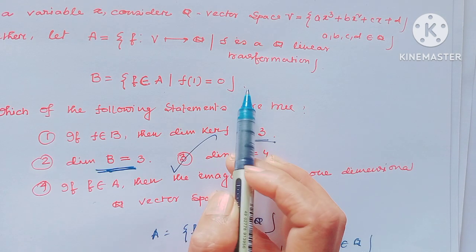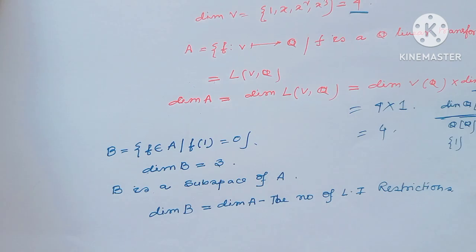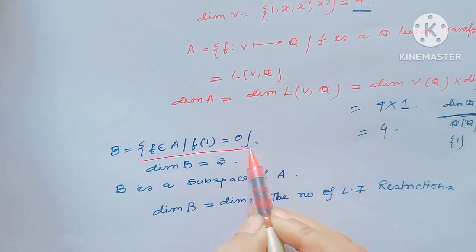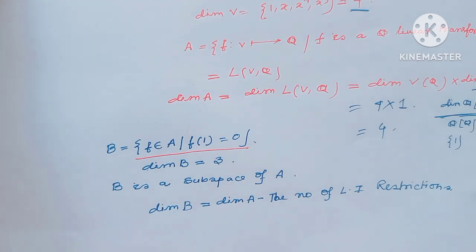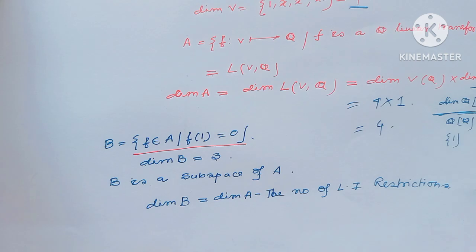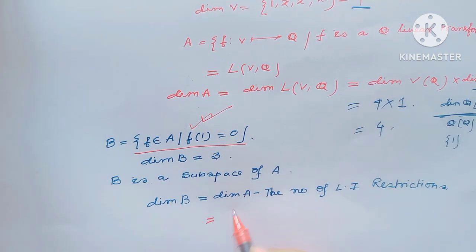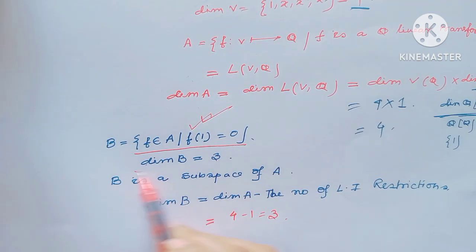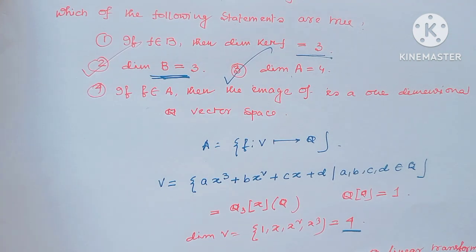That means there exists one restriction, and B is a subspace of A. The dimension of B equals the dimension of A minus the number of linearly independent restrictions. Since there is one restriction, this is 4 minus 1, equal to 3. So option 2 is a right option.